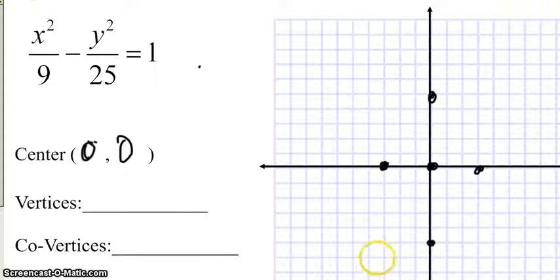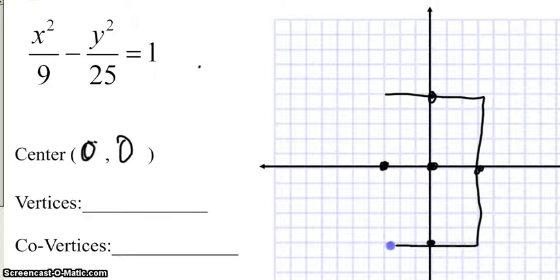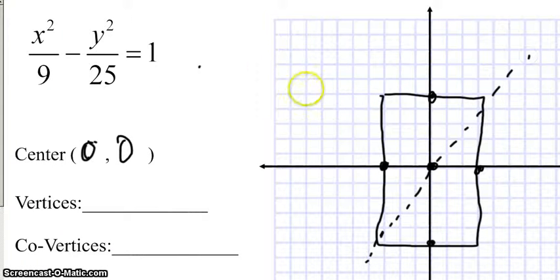So, if it was an ellipse, I would connect them. It is not an ellipse. It's a hyperbola. So what I am going to do is draw a box around these dots. So I'm going to connect them like this. That's my box. In order to help me construct this hyperbola, I am going to put dotted lines through my box.